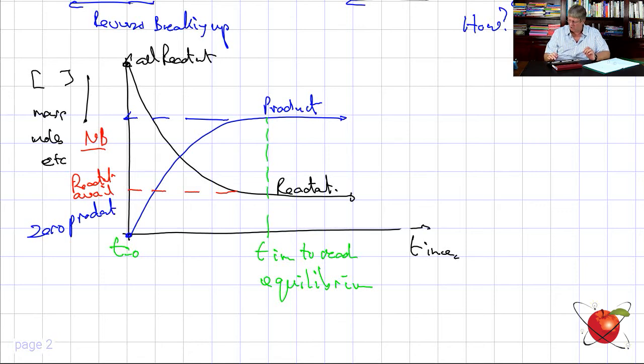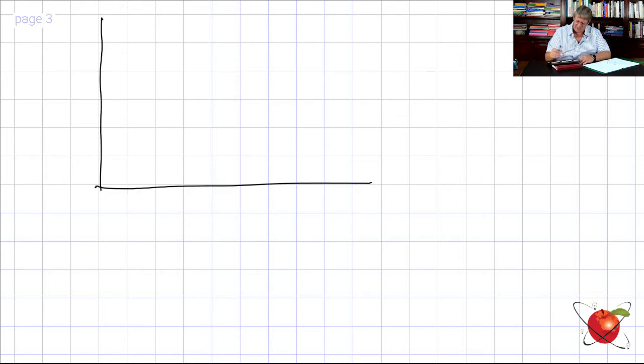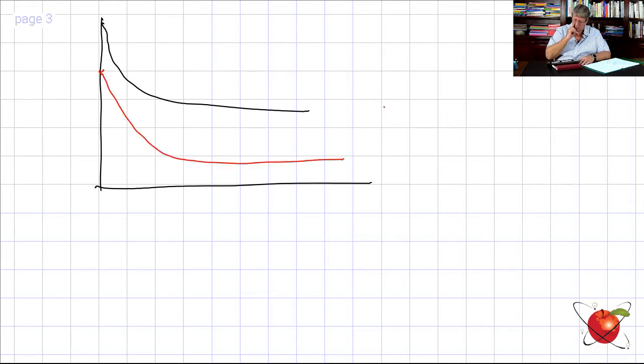So you'll see products like that. You will even see graphs that look like this. Just let me draw one. And this has no particular meaning. I'm drawing it for illustrative purposes. Say red, we had that. This one might have dropped to there.